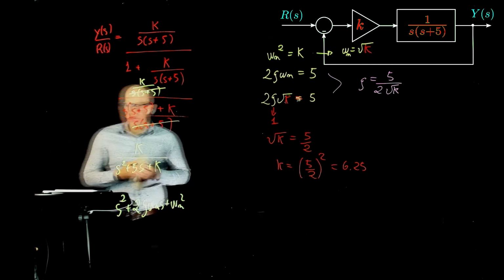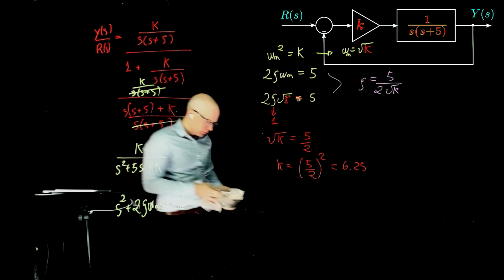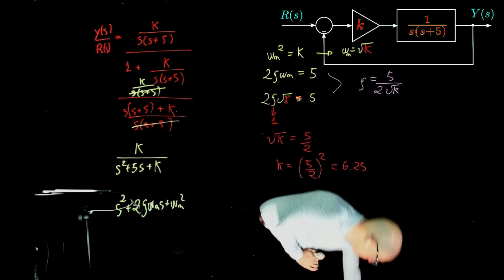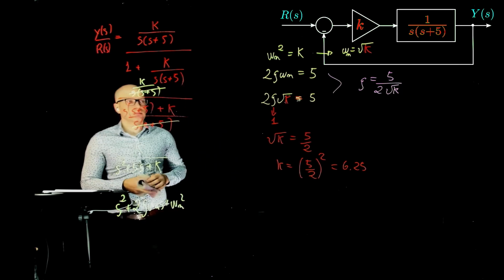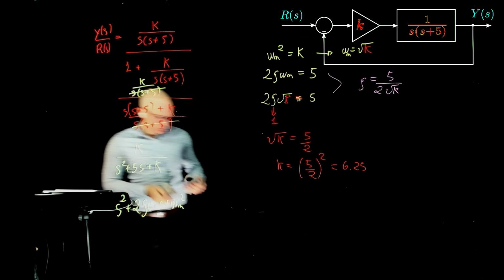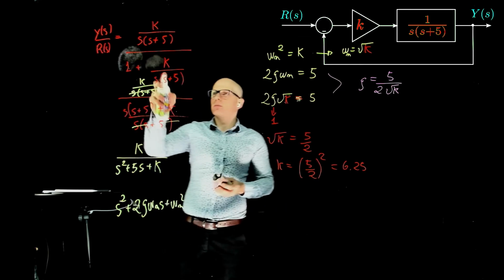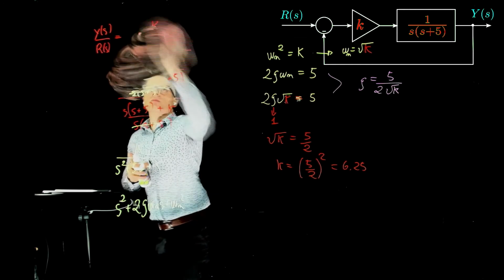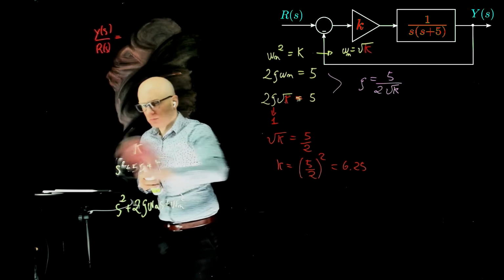Are there any questions? Professor, so in this case, we just assume that zeta is close to 1 because the range of zeta here is actually 0 and 1.